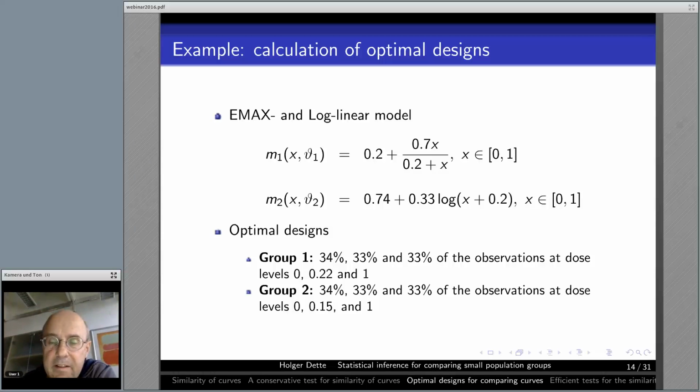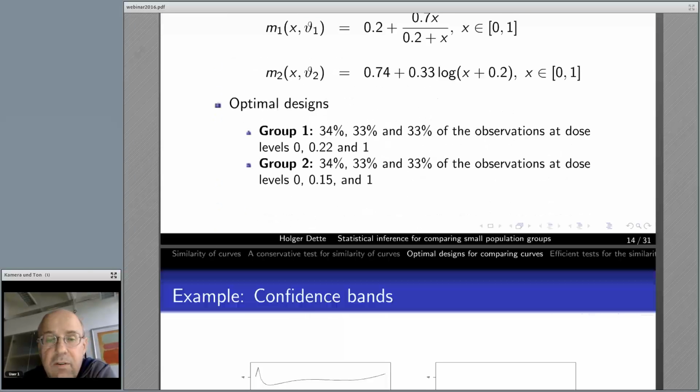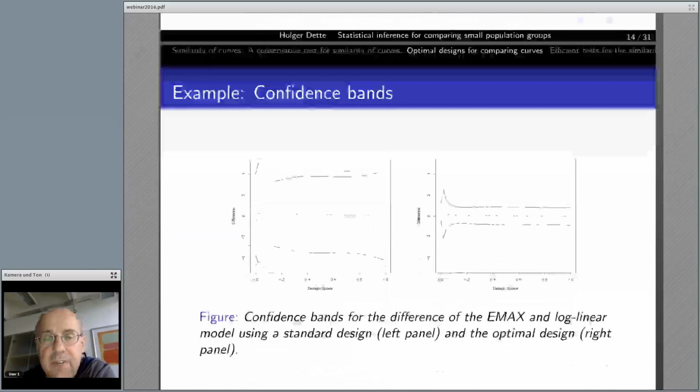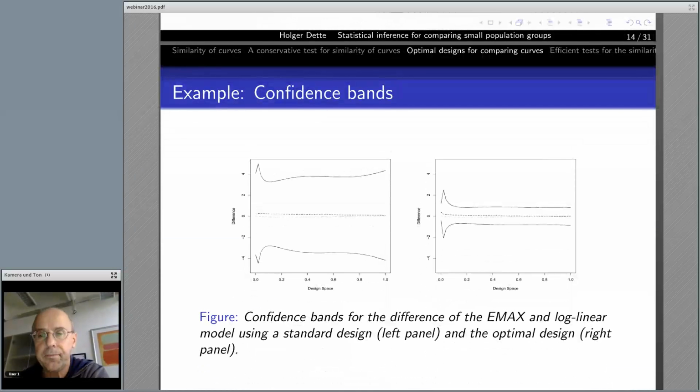This might not be so convincing, but what I show you now is the confidence band that we get for the difference of the curves. What you see here is confidence bands obtained from two designs. On the left part of the figure, you see the confidence bands for the difference of the two curves if you use a standard design, which is basically equidistant on a logarithmic scale.